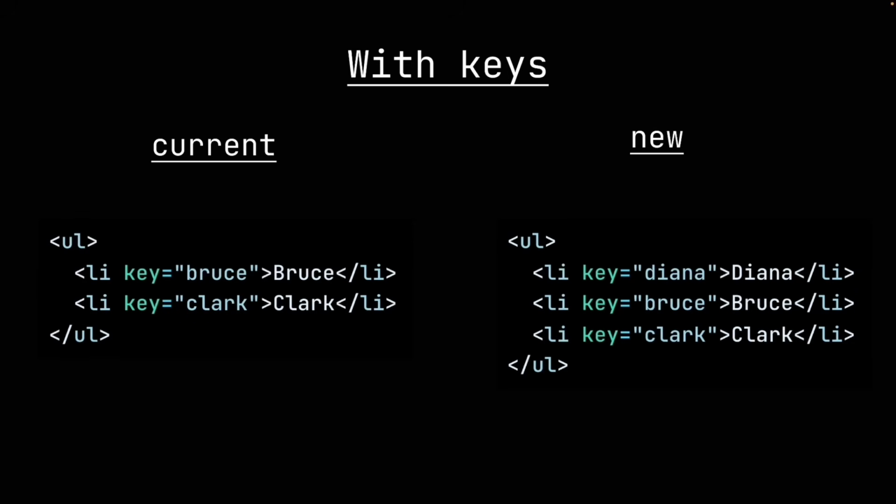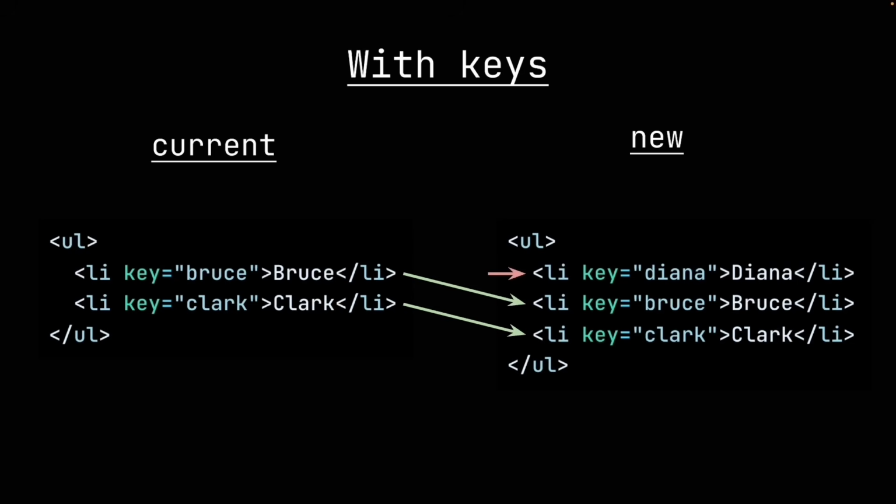Now, when we add Diana at the beginning, here's how React looks at the two lists. In the current list, we have key is equal to Bruce, and in the new list, it is still Bruce, just moved positions. Key is equal to Clark, still Clark, just moved positions. Key is equal to Diana, this is new, insert it. It only inserts Diana and leaves Bruce and Clark's content alone.